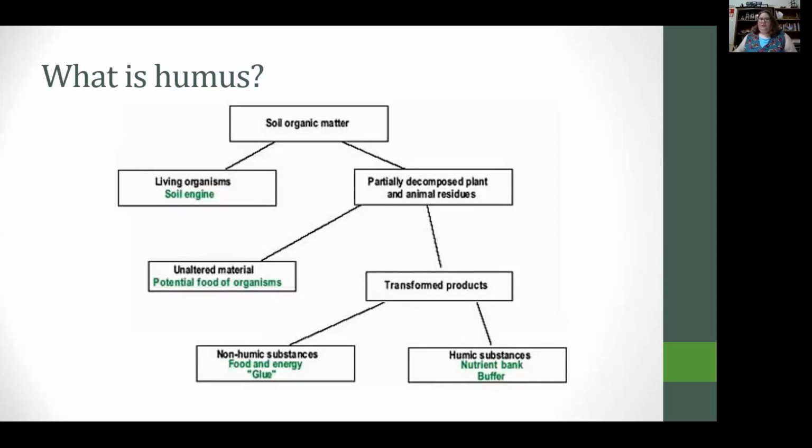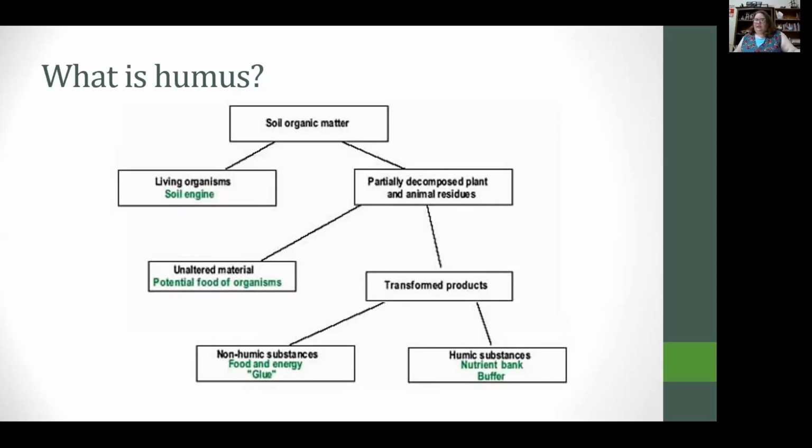So we talk about this first level as being what we call the labile pool or the fluctuating pool. That carbon changes on a daily or weekly or monthly or yearly basis. It's constantly turning over. This next level, you're looking at decades. So these transformed materials may be in the soil 10 years, 20 years, 100 years.